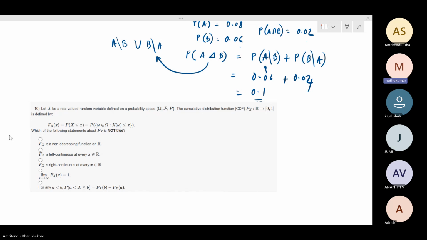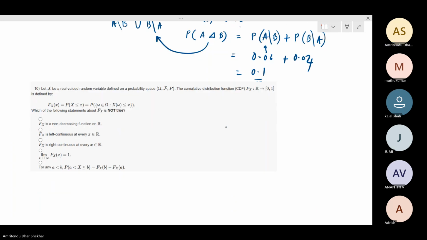Continuous from the right, but not continuous from the left. Yes, it's continuous from the right, but it's not continuous from the left. What does this mean? Let's say X is my random variable and F_X is my CDF.